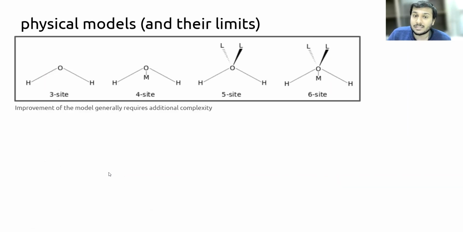Now let's see what happens when you start making these models much more accurate. For example, this is the TIP-N-P family of water models, and these are extremely accurate. The TIP4P model gives you a very good melting temperature of water, the freezing point of ice, different relative stabilities, and so on.